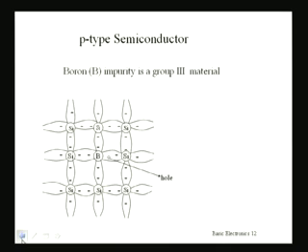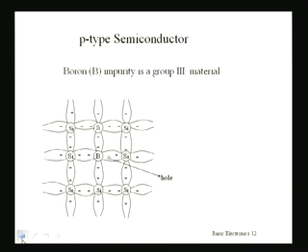We have seen how an N-type semiconductor is formed by adding pentavalent impurity material to an intrinsic semiconductor like germanium or silicon. Now let us see how a P-type semiconductor is formed from a pure semiconductor like germanium or silicon by adding trivalent impurity material like boron or indium.